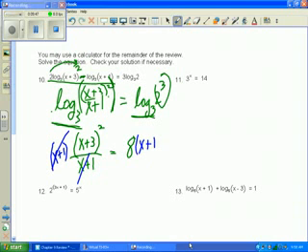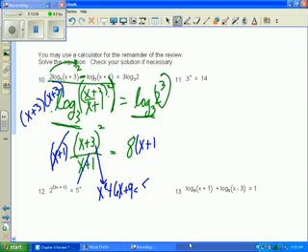Those cancel. And I've got this (x plus 3) squared. Okay, you're going to have to FOIL that. Please tell me you can FOIL that in your head by now. x plus 3 times x plus 3 is going to be how much? x squared plus 6x plus 9 equals 8x plus 8.